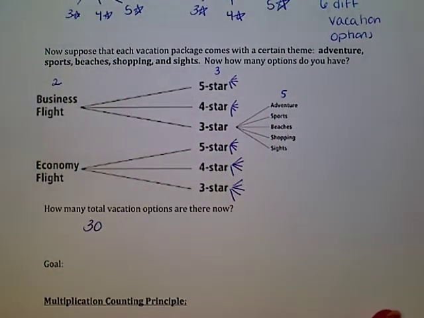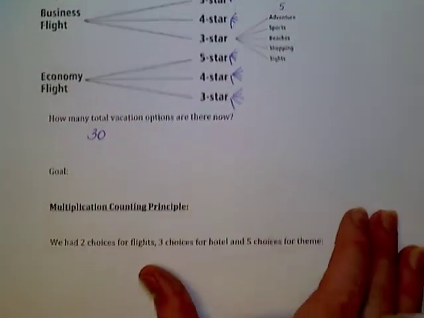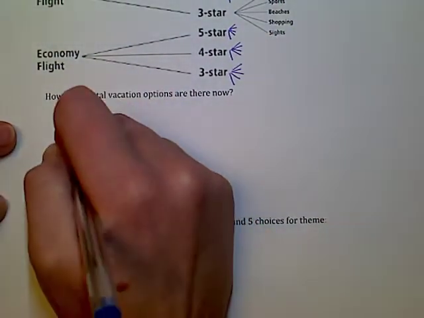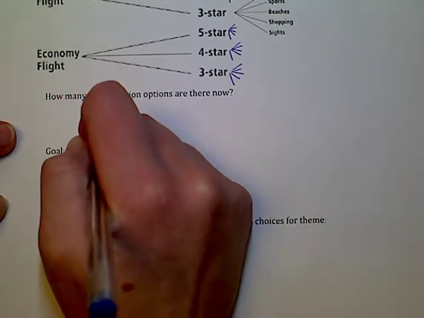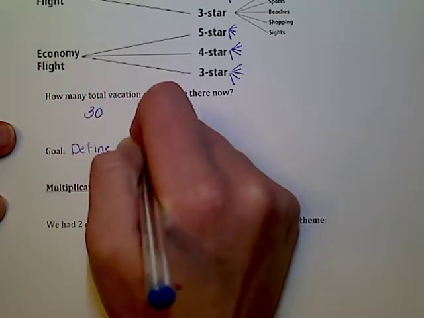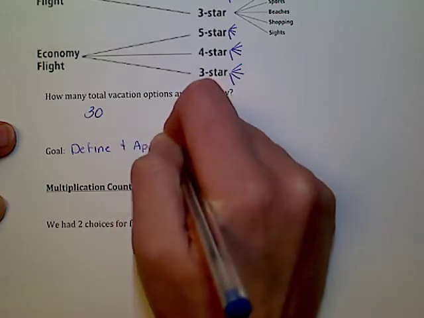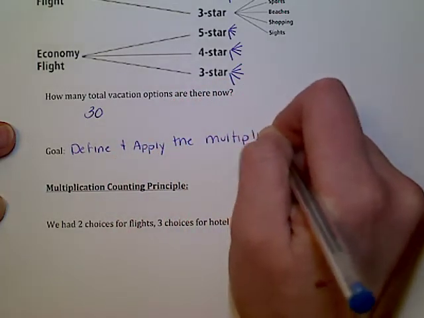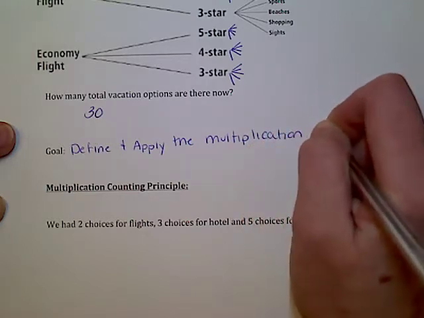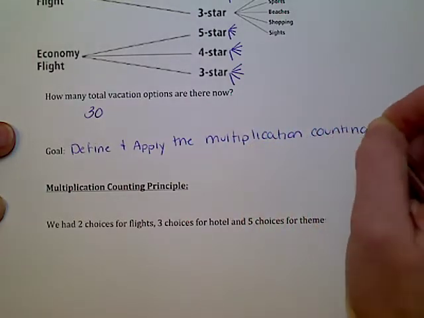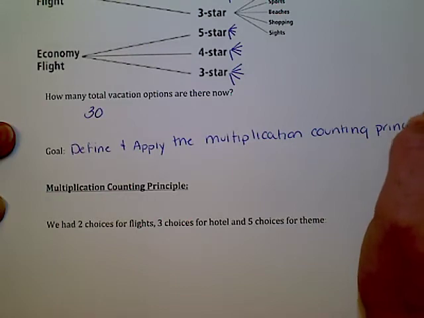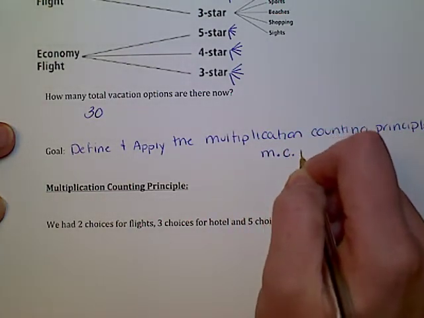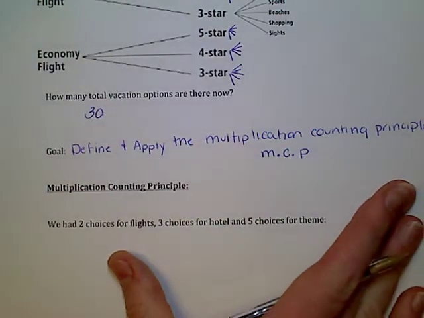That is actually utilizing the multiplication counting principle. And so that's going to be our goal, to define and apply the multiplication counting principle. Sometimes you might see me abbreviate it MCP, just because I get tired of writing it.